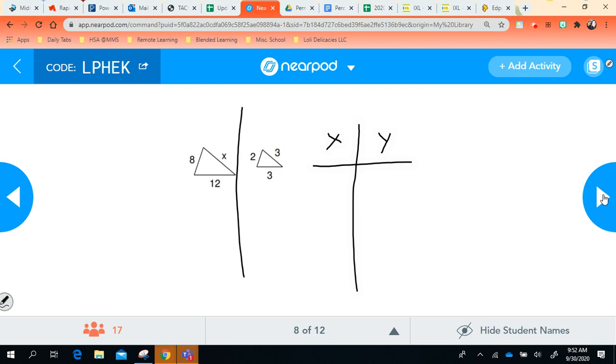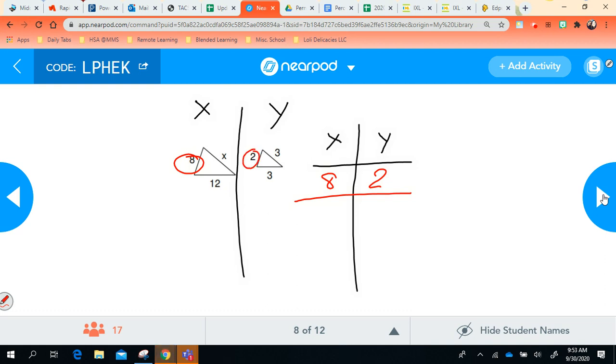So sometimes what I like to do is this. This is my X shape. This is my Y shape. Okay? So now I know these numbers go under X. These go under Y. Okay? So I'm going to go for 8. Which number matches up with 8 on the other shape? 2.